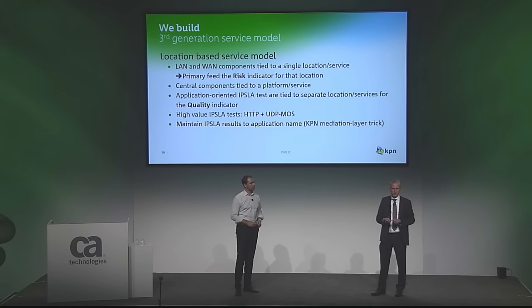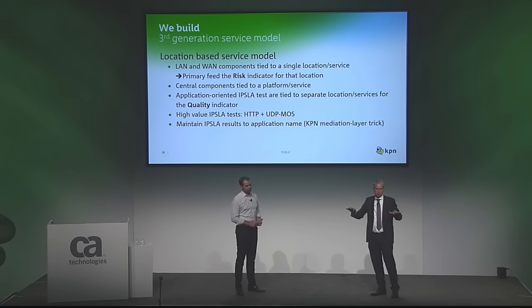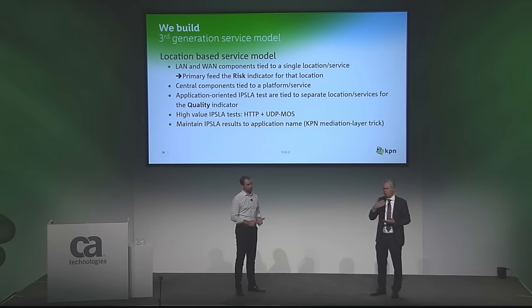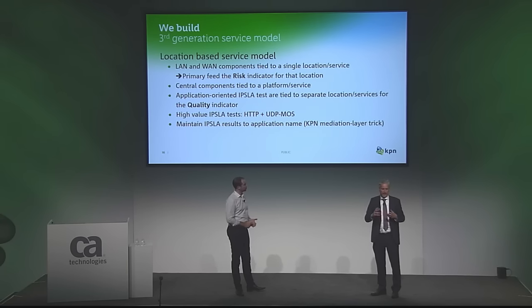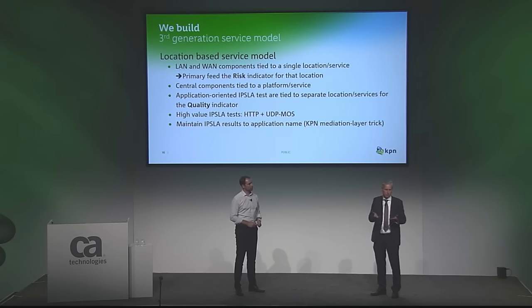And the quality metrics, that really should be related to the end user. Of course, if you start working on it, you don't immediately have all kinds of response time tests or quality metrics in place. But it's really something you should think about. And if it's Cisco IP SLA, it's almost for free, or it is for free, you just have to spend some time. But the value in the service model and to your users is very, very high.